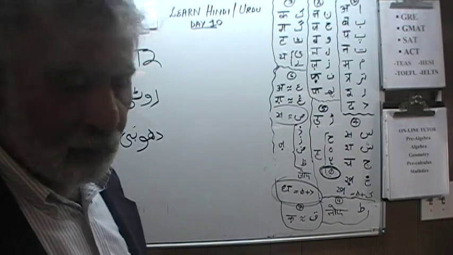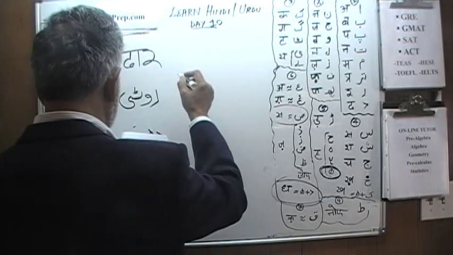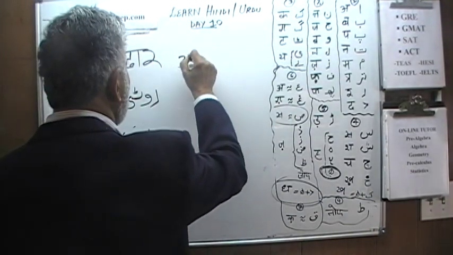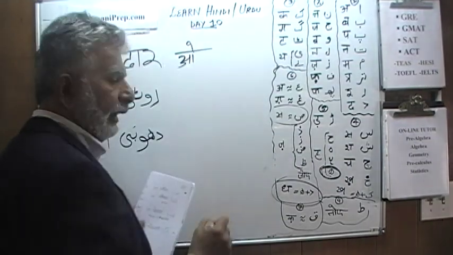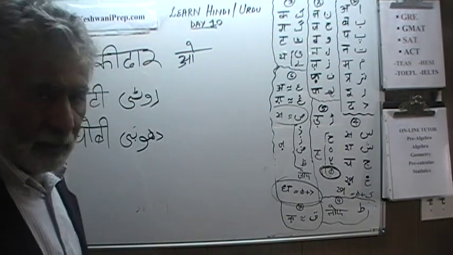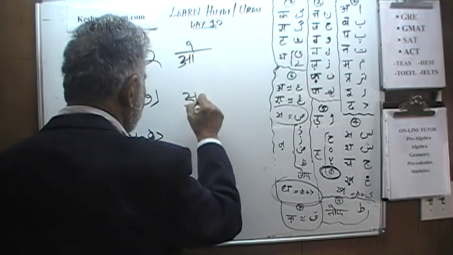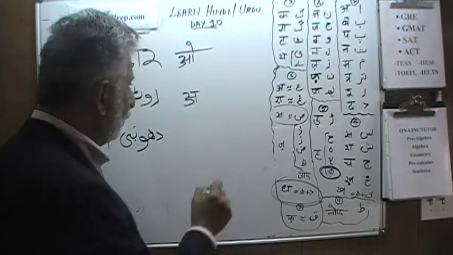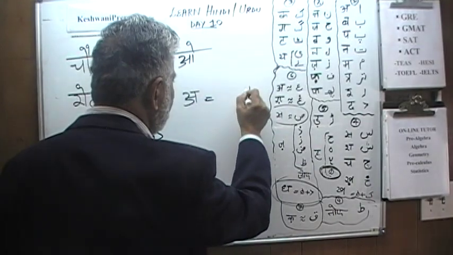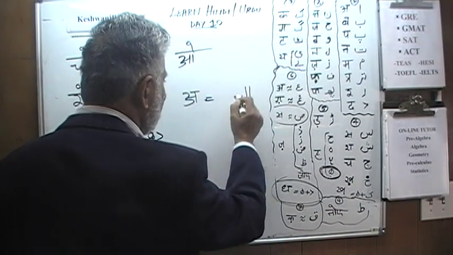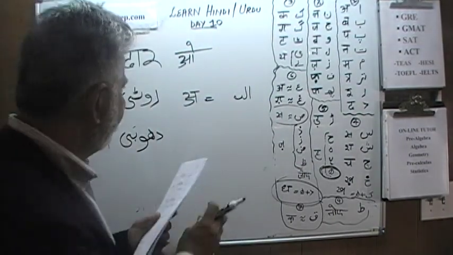Let's look at a word with a long O. And the word that we're about to do would require a. O. Except the a that we're going to use, as we already learned before, there are two ways the a appears in Urdu. One is called alif.